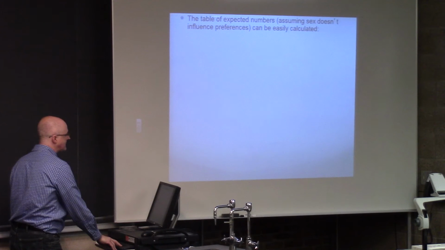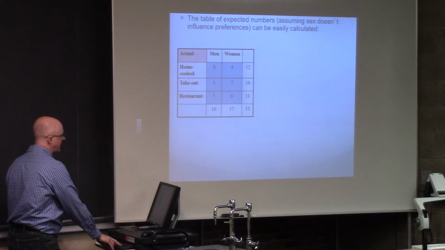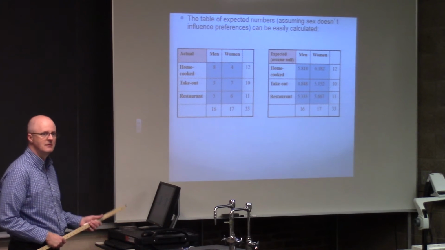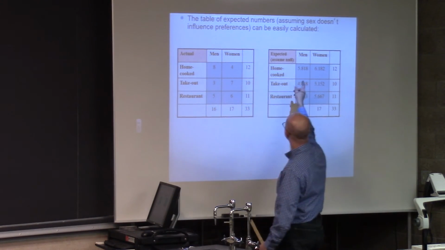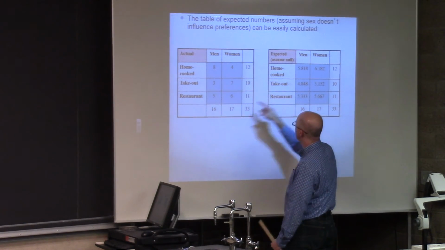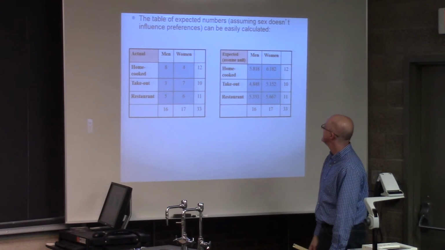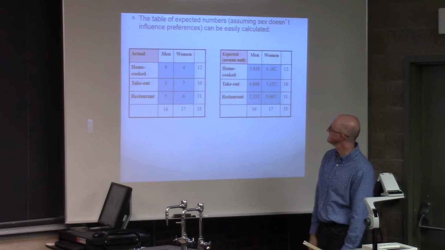You want to take this and now form a table of expected numbers. Here's the original table. I'm calling that the actual table. Here's the expected table when you assume the null is true. And again, when these differences between the corresponding values in these cells are relatively large, that provides more evidence against the null, intuitively at least, than when the difference is small, though it's also relative to the size of the numbers themselves.